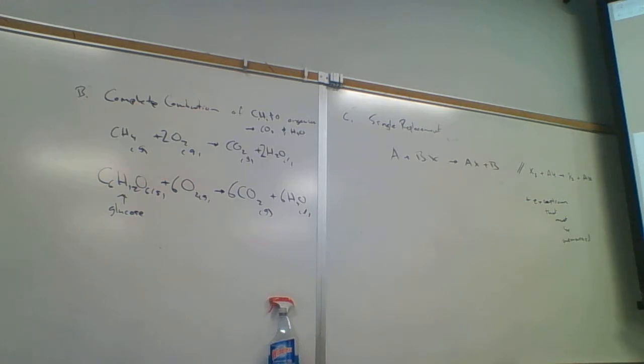Okay, when I look at this, what forms here? Well, I have A plus BX, which is going to yield AX. So we're going to go from element A to cation A. And so zinc forms what charge or charges?